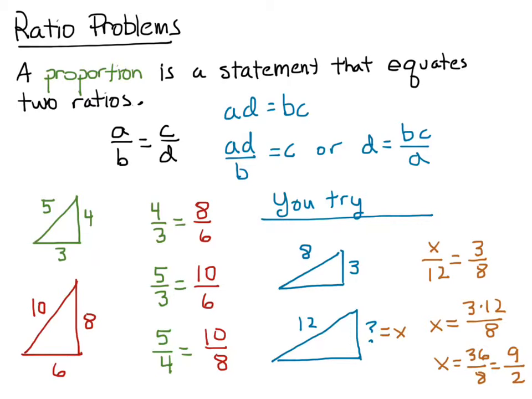Now you could have gotten 4.5, right? That's probably what you'll get if you're doing the long division. It's an algebra class here, so I'd like you to keep it in integer ratios, all right? 4.5 would be the right answer, but for algebra, reduced improper fractions is what we're going for.